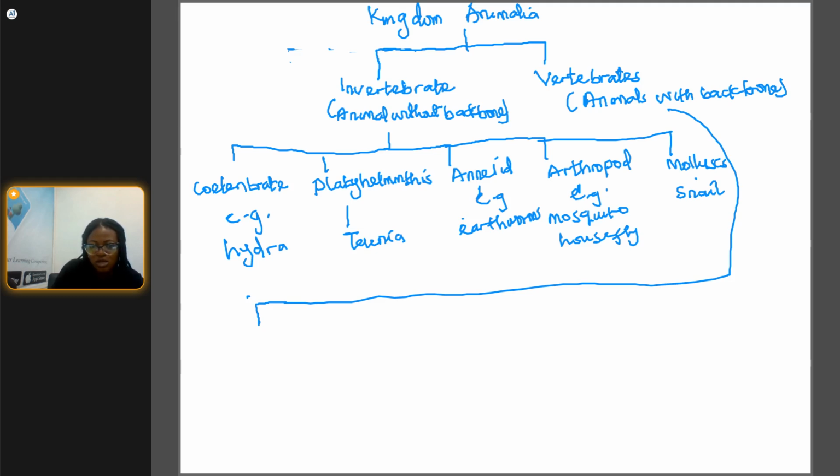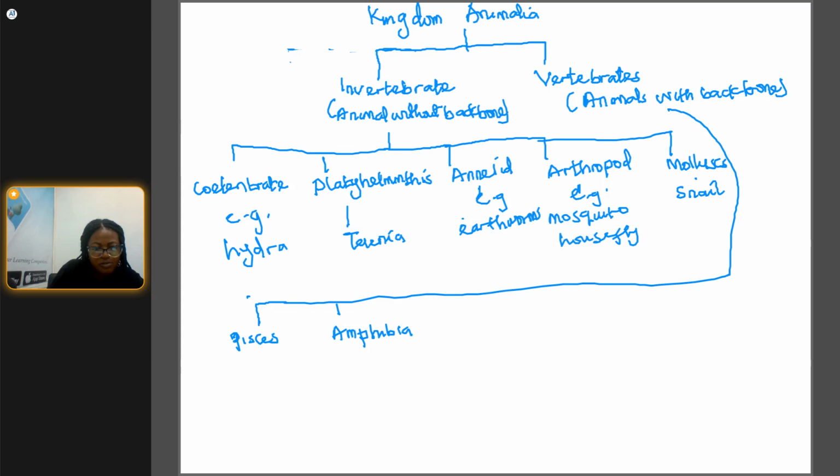Don't forget, the five classes under the invertebrates, which is CPAAM, are the coelenterates, platyhelminthes, annelids, arthropods, and mollusks, the animals without backbone. So we are moving to vertebrates, animals with backbone, which are the Pisces, those are fishes. Then we have the amphibians.